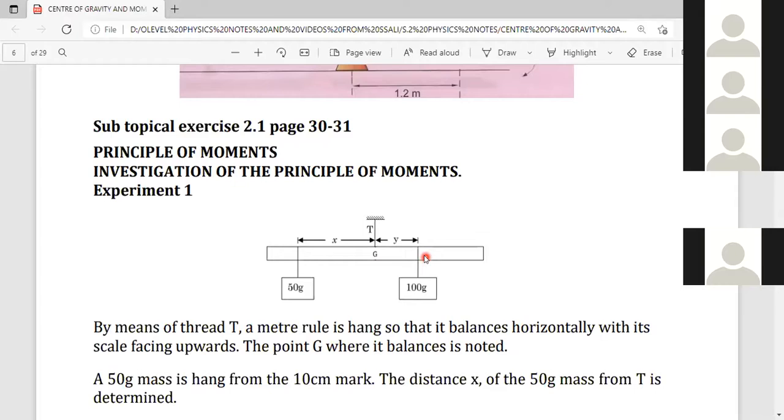When we put our masses this side, we add a 50-gram mass this side. So we put it at 10. And then we maintain this at 50. This at 50, we put 100.